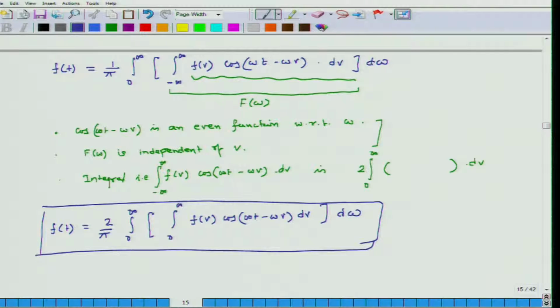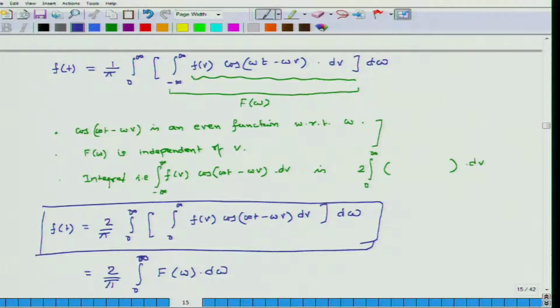Okay. So this is one part, and this I can write as 2 over pi, 0 to infinity, and I can write this integral as F of omega d omega.